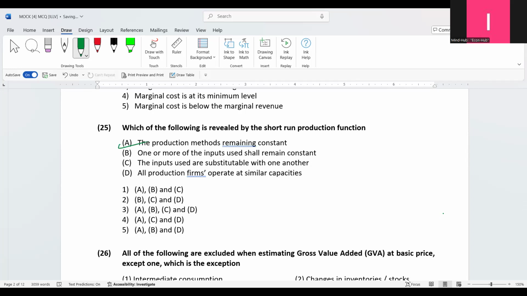One or more of the input units shall remain constant. Yes, at least one input is a fixed input. The inputs used are substitutable within another industry. Yes, we say homogeneous variable inputs are used. All production firms operate at similar capacity. No, that is not an assumption we make. So A, B, C are correct. That's answer number 1.